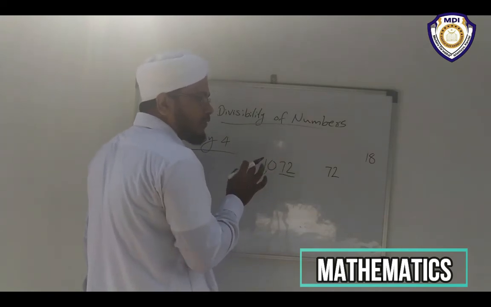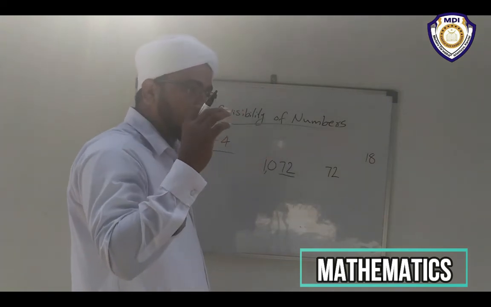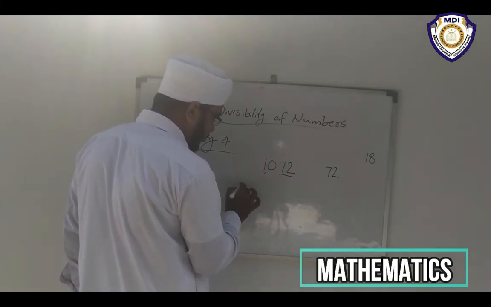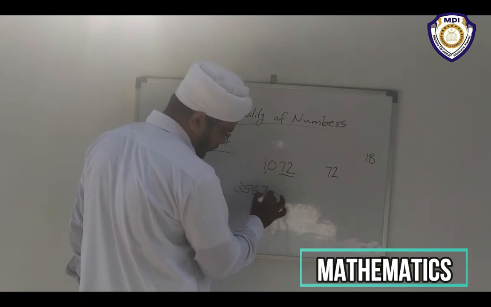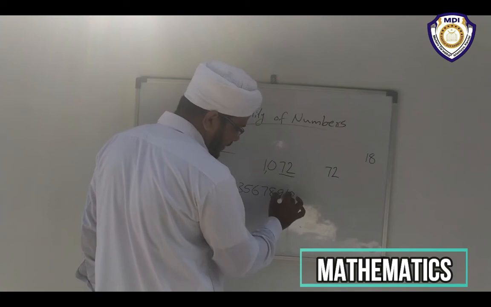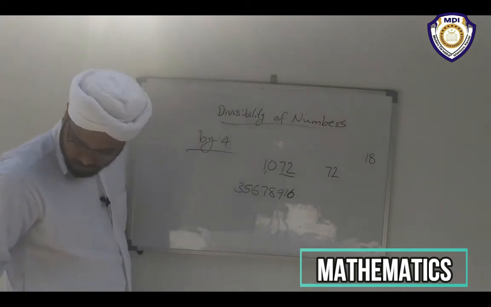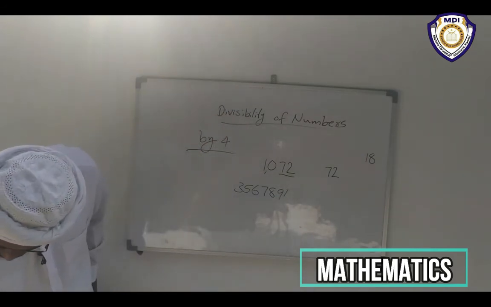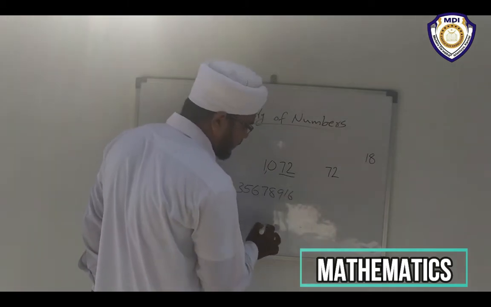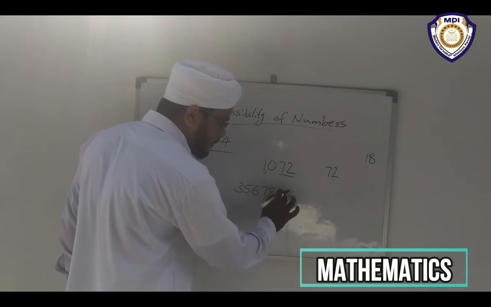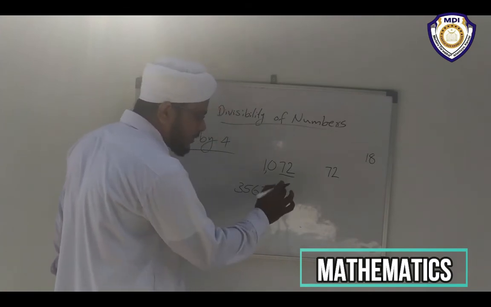So, we get a big number, for example. Is it divisible by 4?